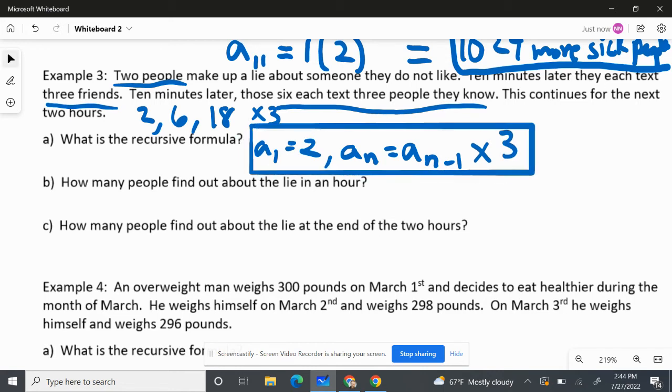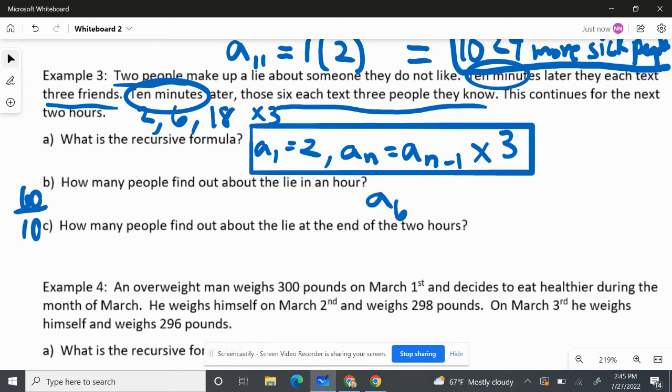Now this next one right here, it says how many people find out about the lie in an hour. Now this one's a little tricky because I'm not going to put 1 and I'm not going to put 60. If I'm looking at my increments, notice that it's happening every 10 minutes. So if I were to take 60 and divide it by 10, it gives me 6.